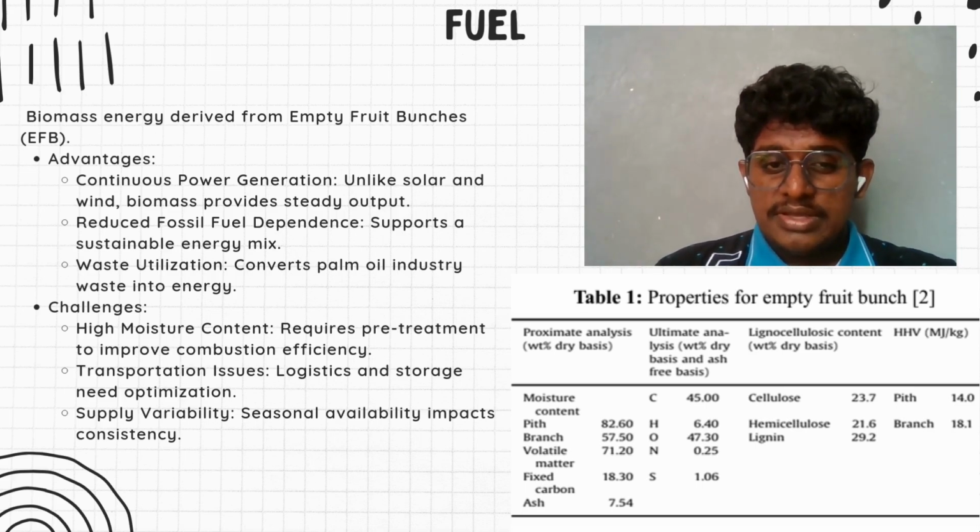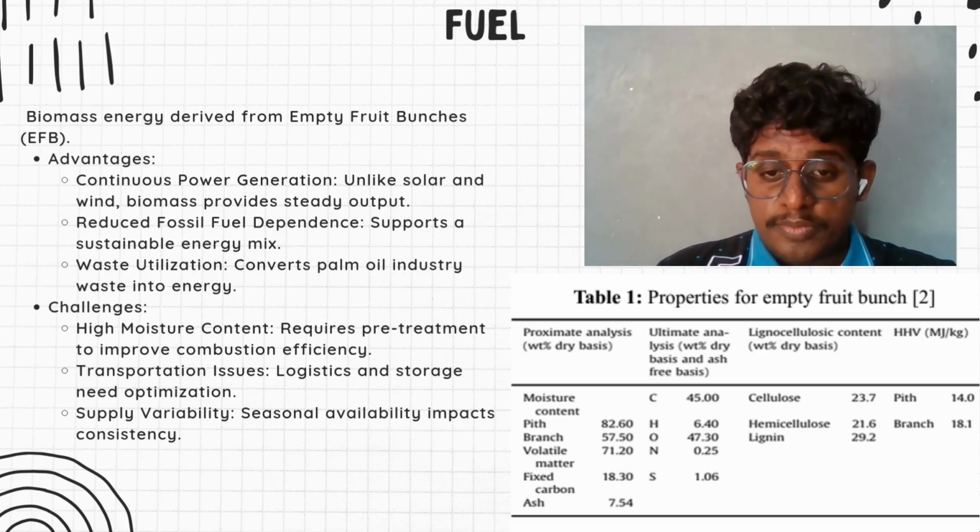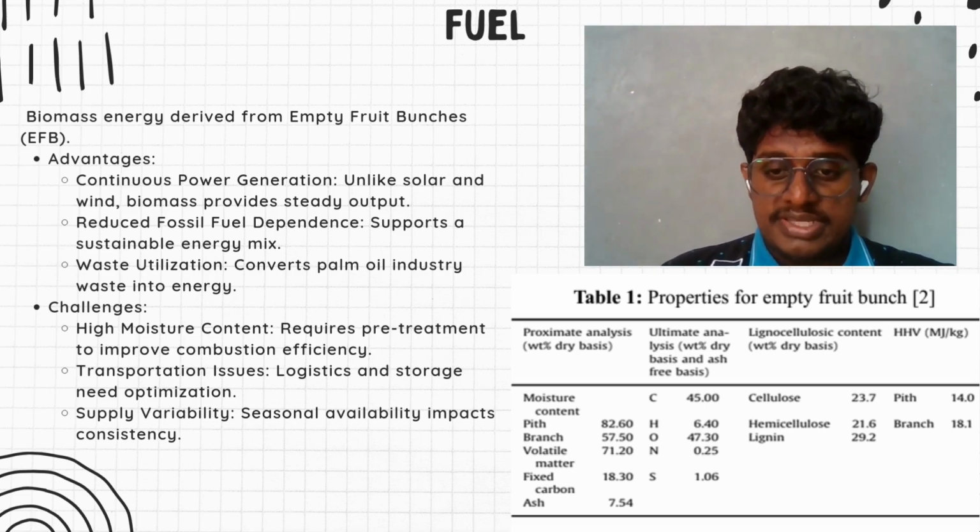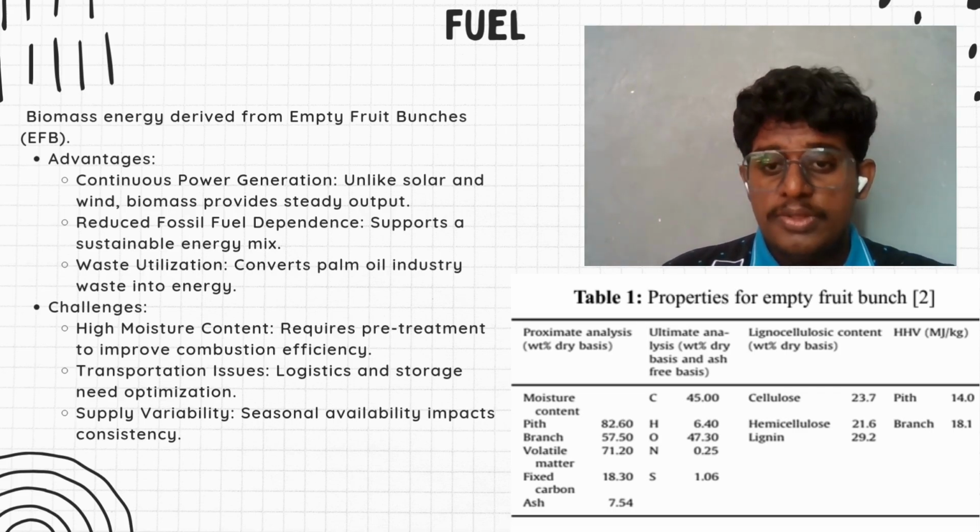It can provide continuous power, and it can reduce dependence on fossil fuel. But it has a few challenges too: it has high moisture content, and we need to do some pre-treatment before combustion. We also have transportation and supply variability issues for this fuel.